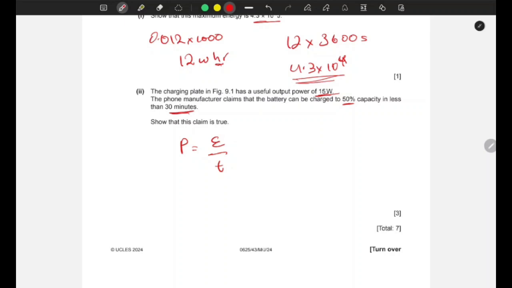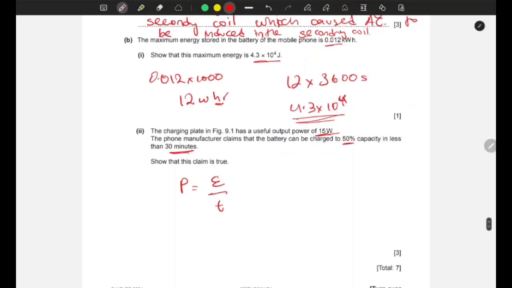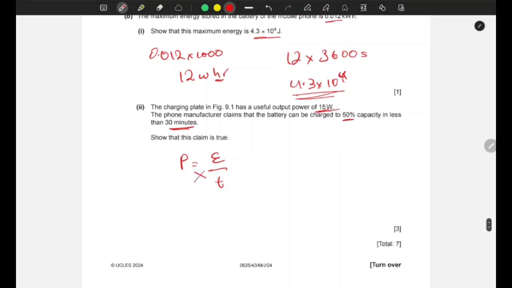So now we have to find the energy. Energy is power times time. The power is 15 times the time.